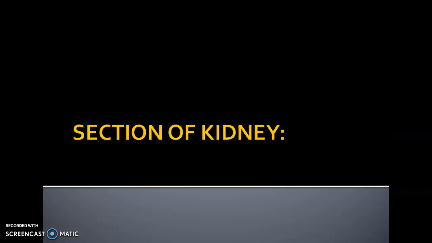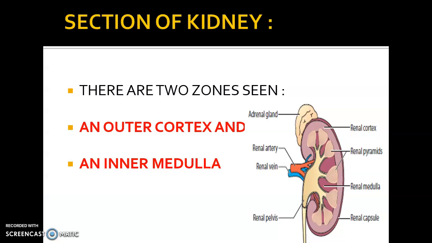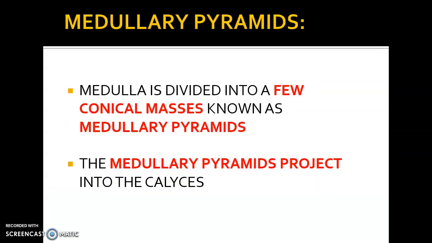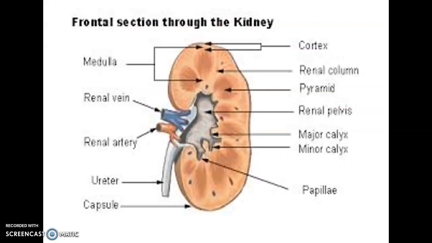When we take a section of kidney, we find there are two parts, an outer cortex as well as an inner medulla. The medullary pyramids can be seen as many conical masses, in contact with the calyces, or we can say the medullary pyramids open into the calyces.